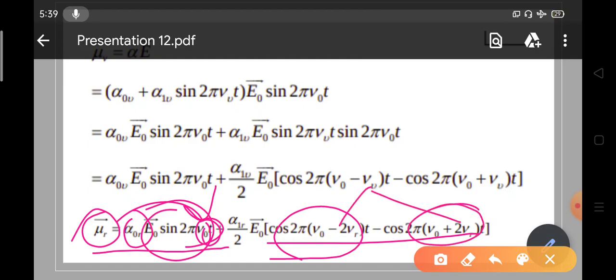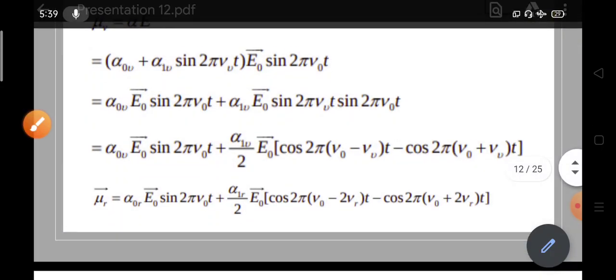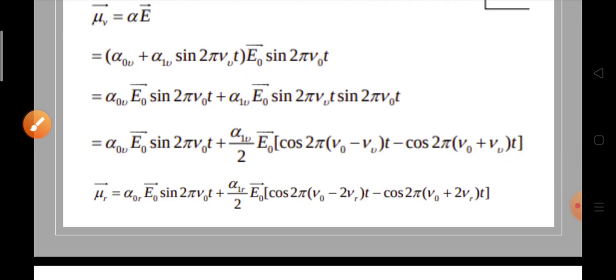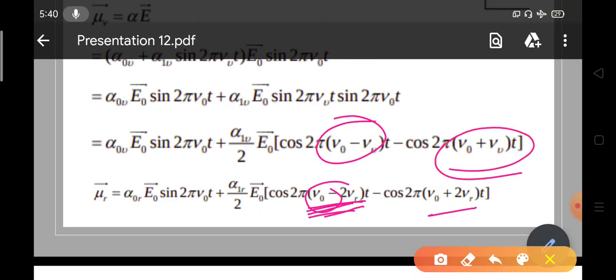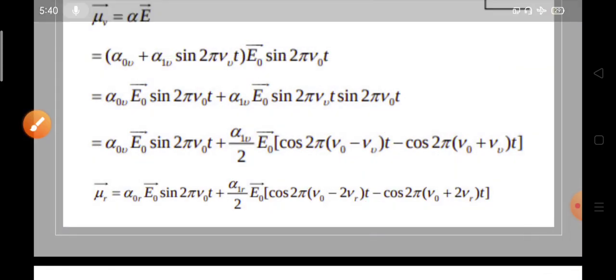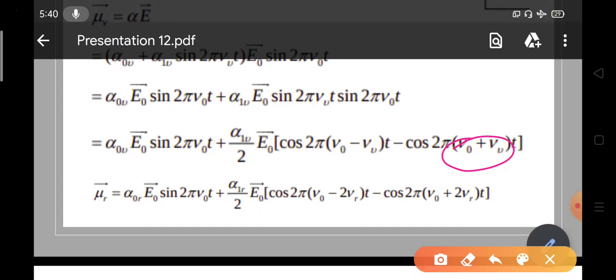These are responsible for the Raman light, because these are vibrating with different frequencies, and this will give us a different line that does not match with nu naught, the incident frequency, but will be shifted from nu naught, and the amount of shifting here is nu naught minus 2 nu r and nu naught plus 2 nu r. And for the vibration case, it is nu naught minus nu v and nu naught plus nu v.